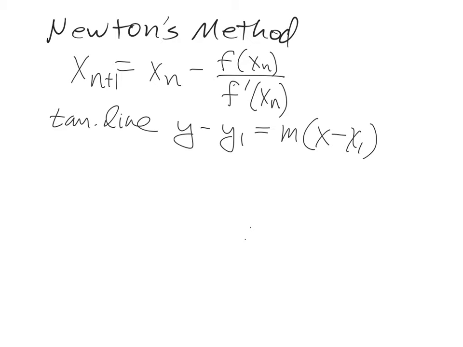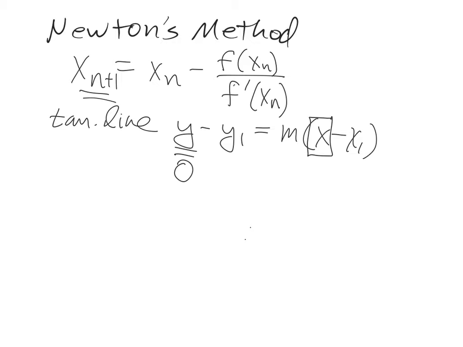Now, the theory behind it is the y value that we are looking for next is the 0. We're looking for the x-intercept of our equation of the tangent line, and that would mean y equals 0. And we are looking for this next value of x.